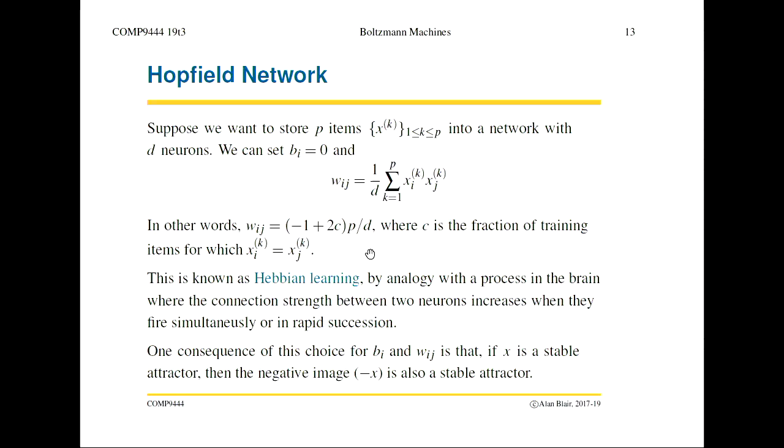This is a kind of similar situation: you have one neuron for this pixel and one neuron for that pixel, and if they're the same colour at the same time, that's analogous to the idea of both of them firing. It's a sort of loose analogy, but it makes some sense.